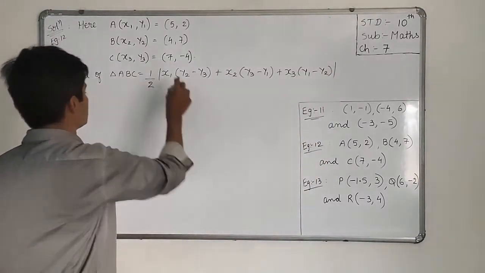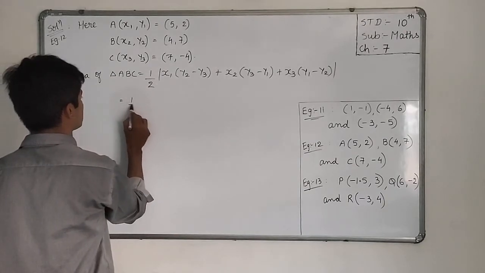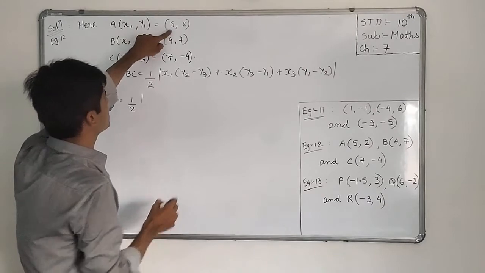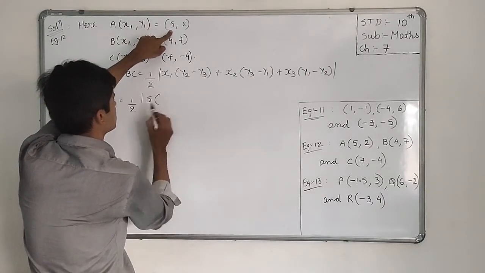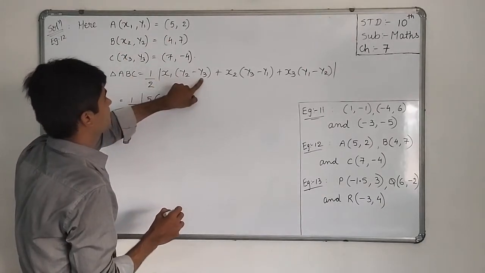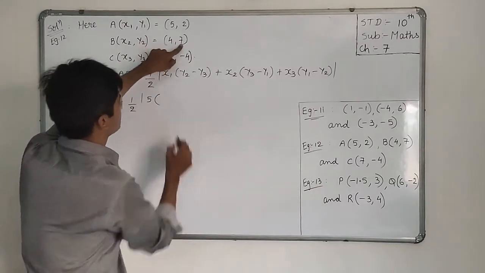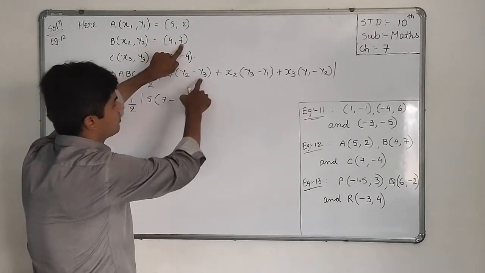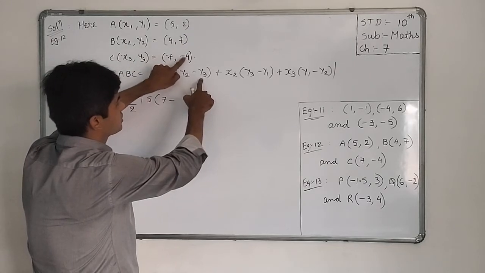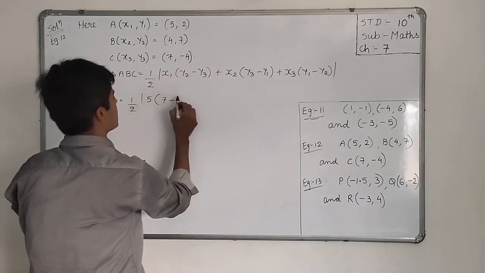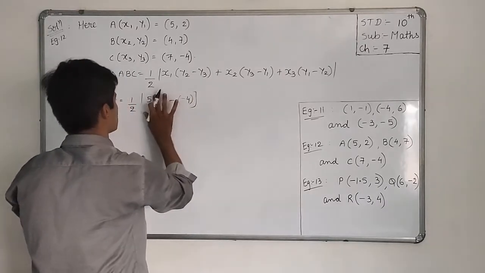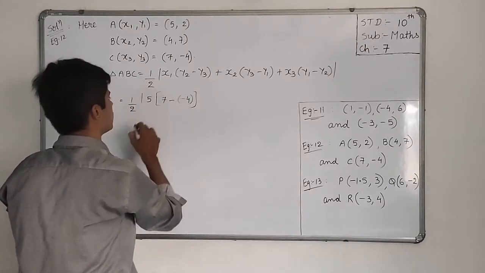Let us put down the values here. Half, x1 is 5, y2 minus y3: y2 is 7, minus is the sign of the formula, but y3 itself is -4. So we are going to write like this.